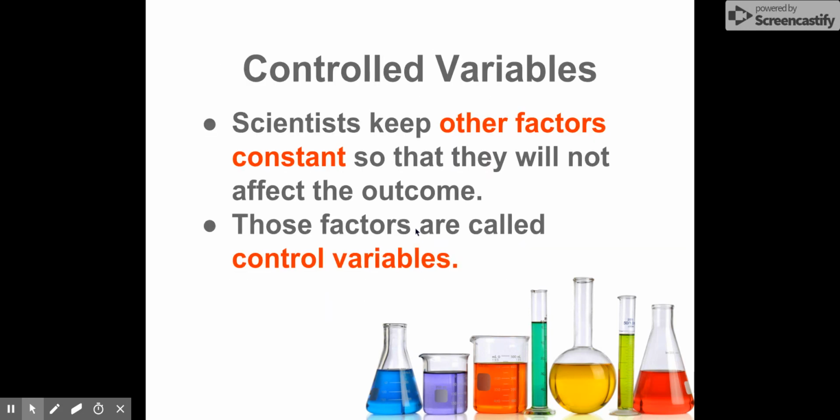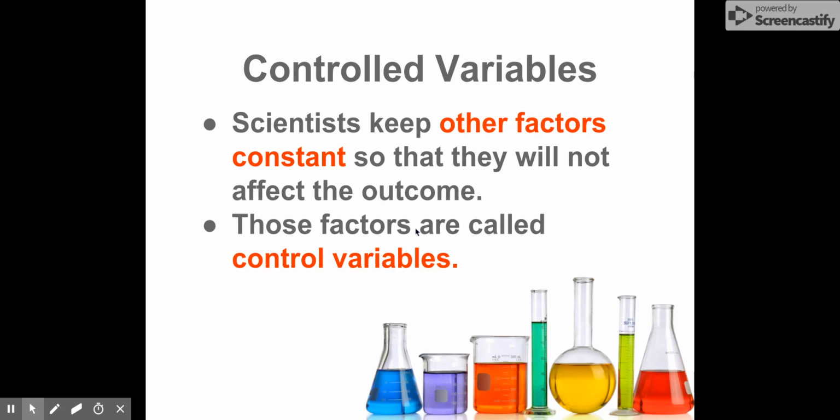So some controlled variables. Typically, scientists keep other factors constant so that they will not affect the outcome. So, like I mentioned, typically scientists or even us in day-to-day lives, we don't change everything in our lives. Typically, we keep one part of our day consistent, and then we change other things.